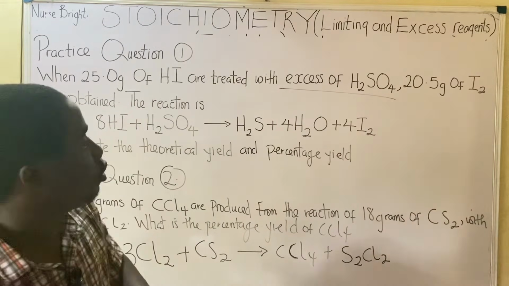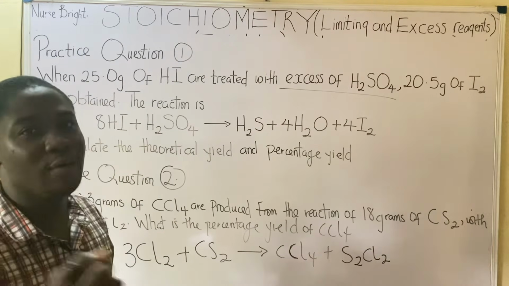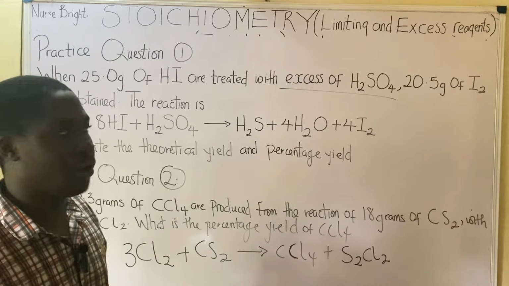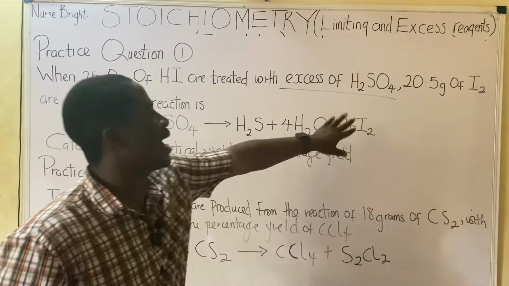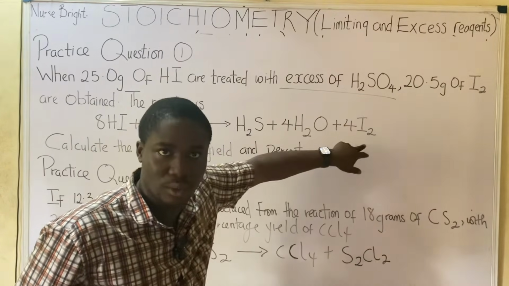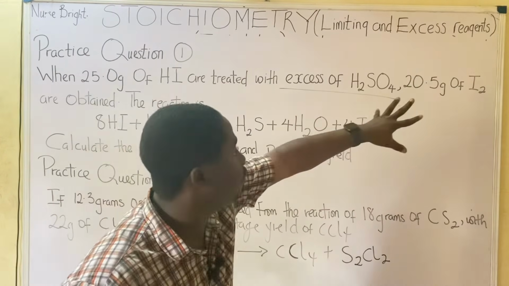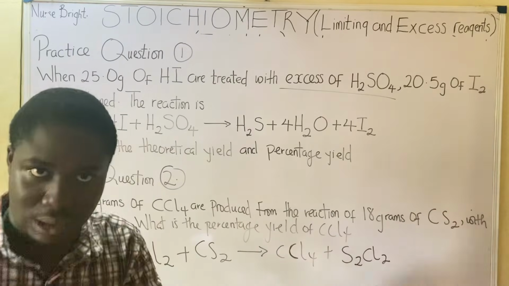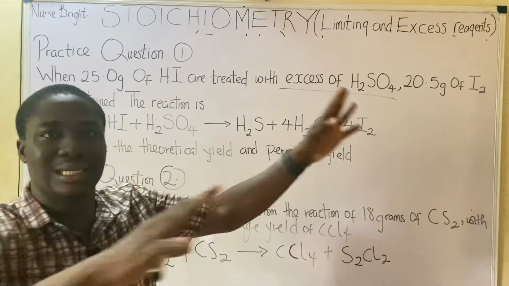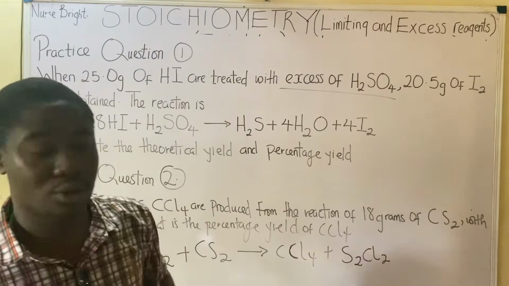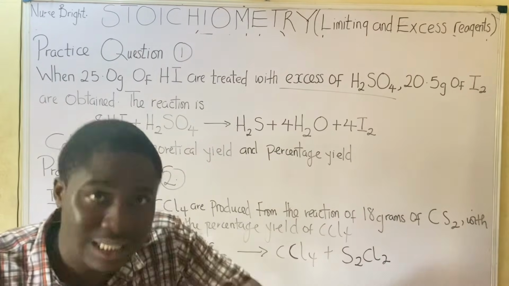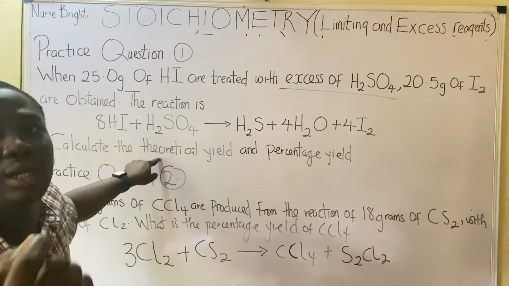So definitely you already know what you are looking for. You are looking for the theoretical yield. Theoretical yield is you getting the mass of this same compound given. They gave you the mass, the one they got according to them doing the practical, because these are practical questions. So you now calculate it, because theoretical yield is like calculated yield.